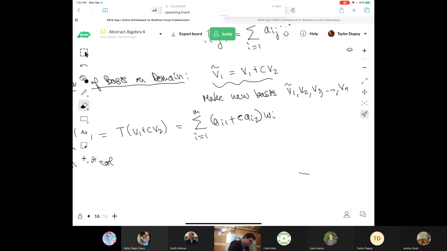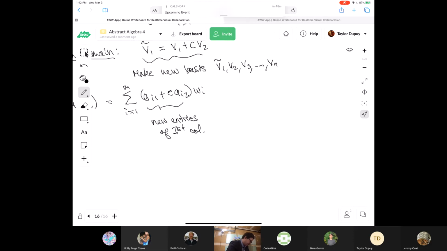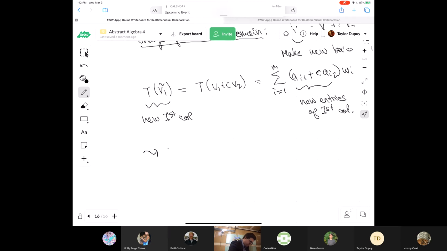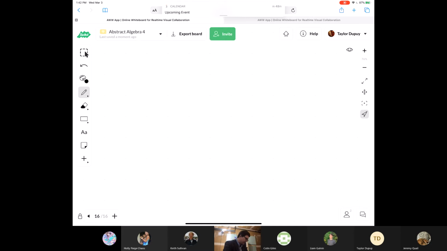So this thing here is the new entries of the first column. So the matrix changes like this. This tells us that the change in the matrix is that C1 goes to C1 plus a little constant C times C2. So the second column gets added to the first.